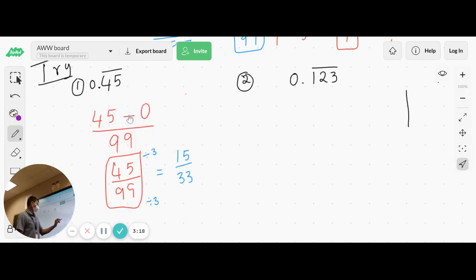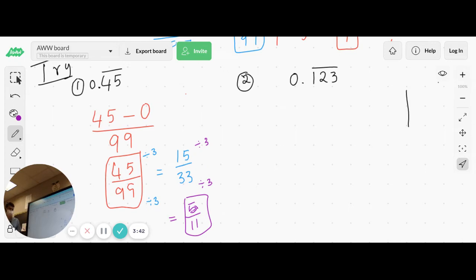You have to reduce all the way down, because otherwise you may not see your answer among the choices. So 15 divided by 3 is 5, and 33 divided by 3 is 11. So that's 5 over 11.